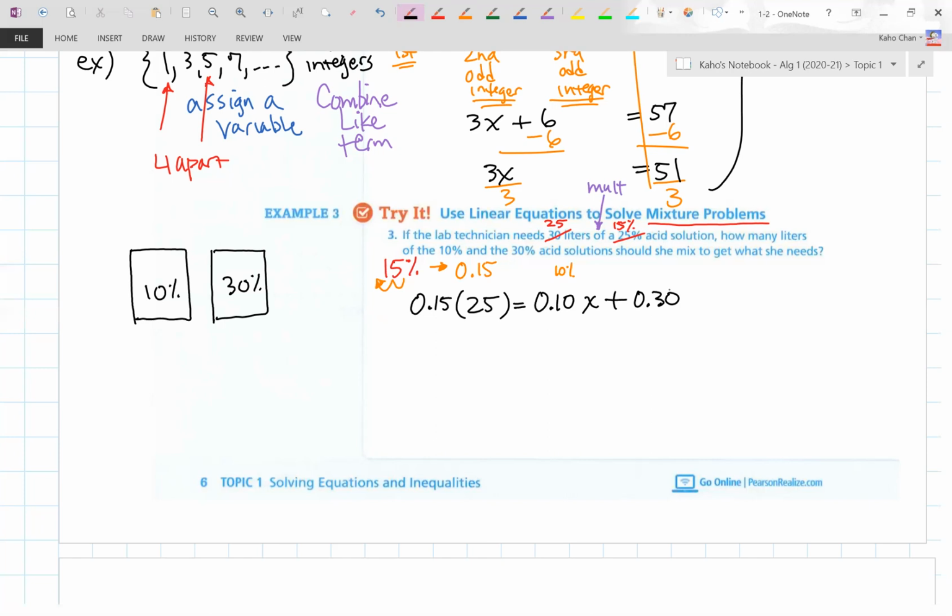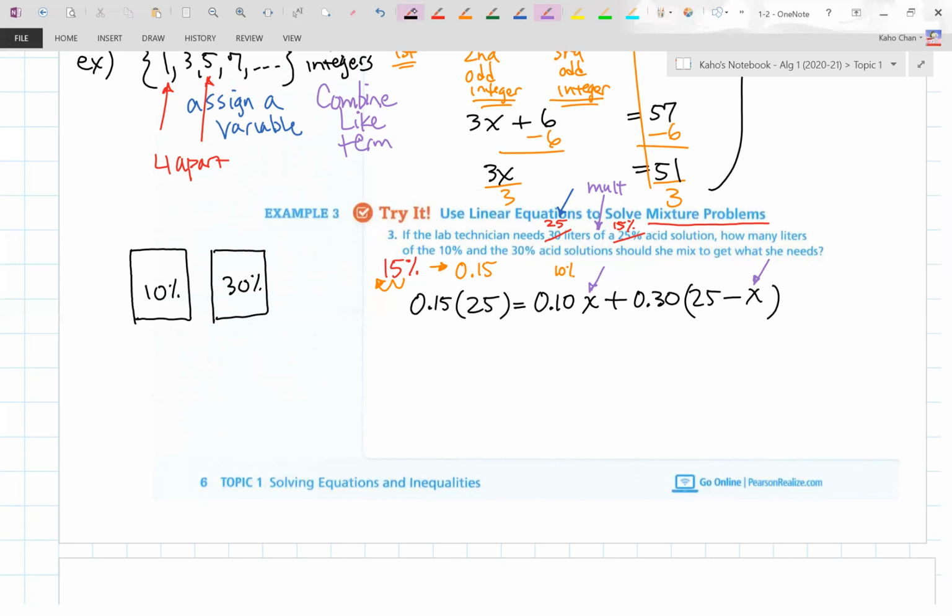Now remember, we want 25 liters. Part of it is unknown. The other part is found by subtracting from 25. So think about that for a second. That 30% is multiplying with the 25 liters minus x, the unknown from over here. That's how those are linked. Because in the end, when you add x plus 25 minus x, you're back to 25. And that is the setup.